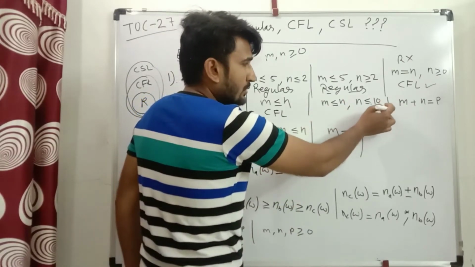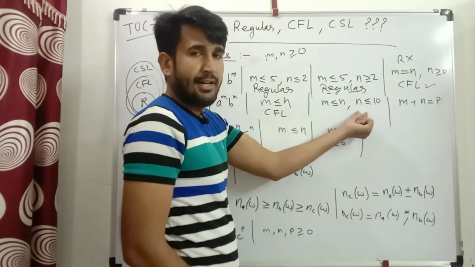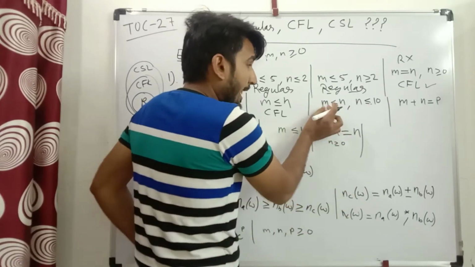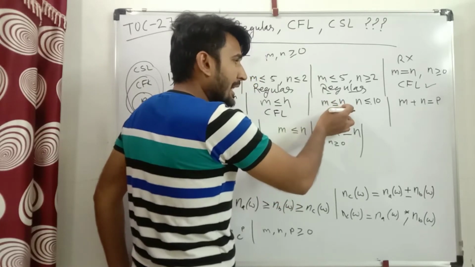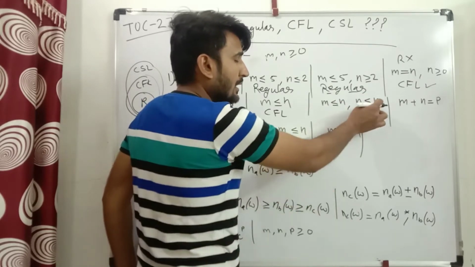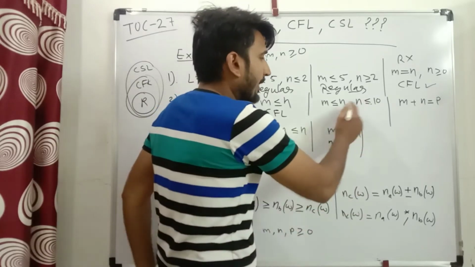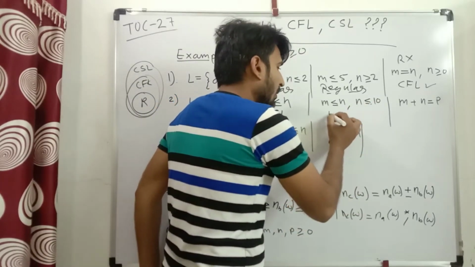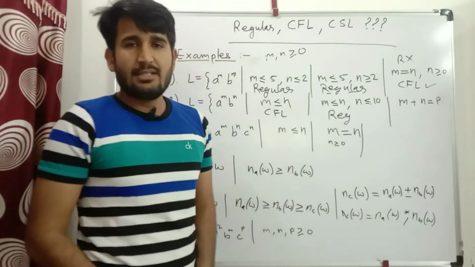N less than or equal to 10 means an upper limit is given, n is finite, and m is less than or equal to n, so m is also limited by n. So this is finite, so the whole thing is regular. A finite language is always regular.